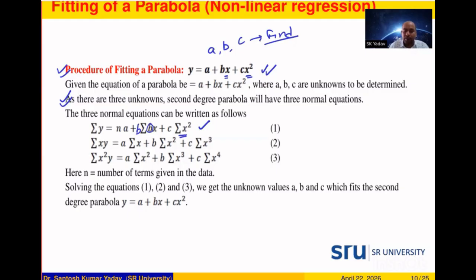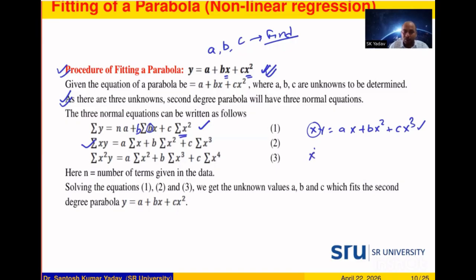Then the second equation I can obtain by multiplying by x both sides and then taking summation. So I can write here xy equal to a times x plus b times x square plus c times x cube. Once I multiply by x and take summation, I get the second equation. Now the third normal equation I can obtain by multiplying by x square.